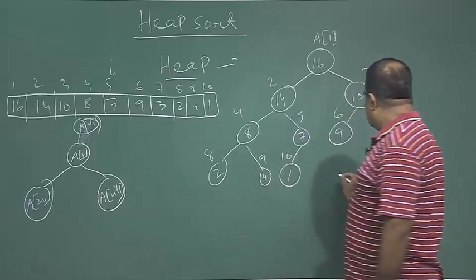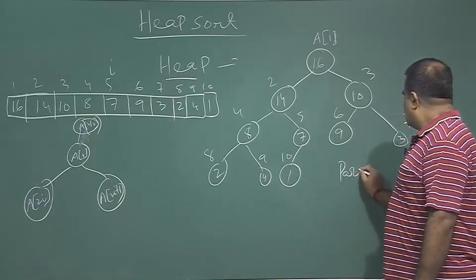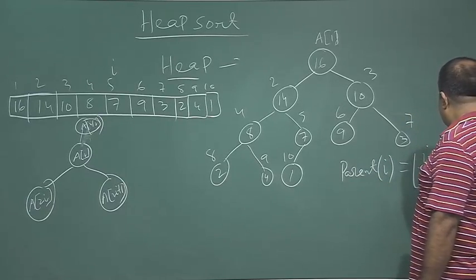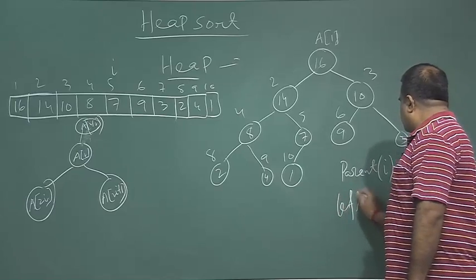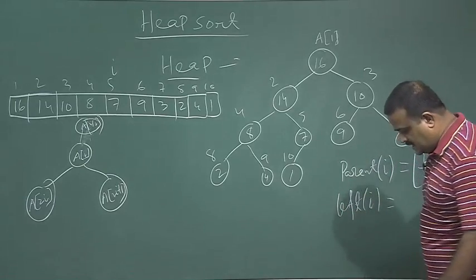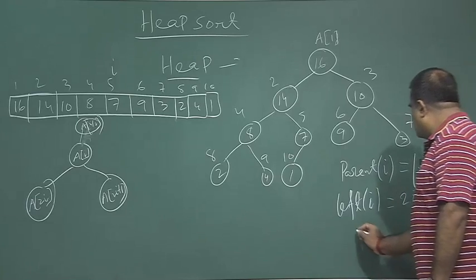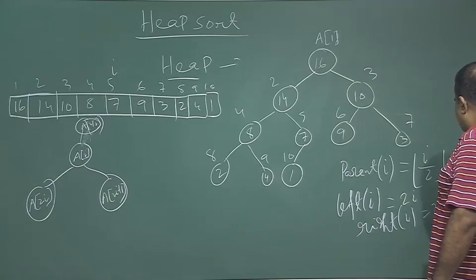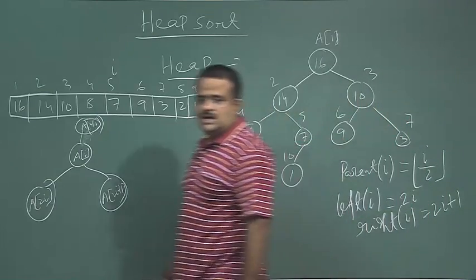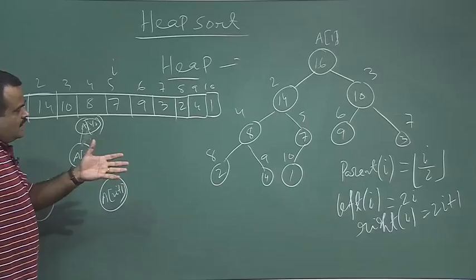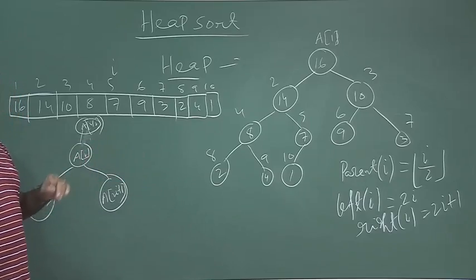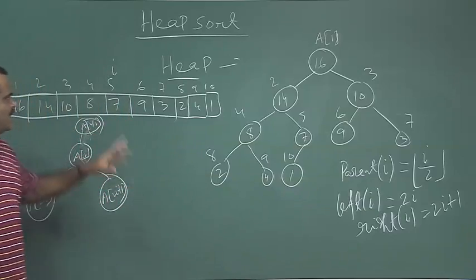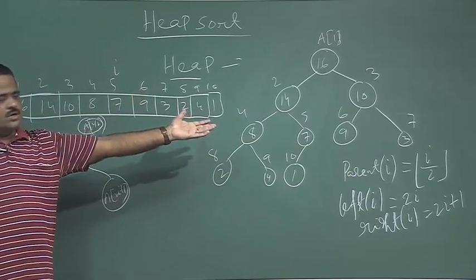So the parent of i is i by 2, the left child of i is A2i, and the right child of i is A2i plus 1. This is the position of the left and right child of Ai, and this is the position of the parent. So any array we can view as a binary tree.